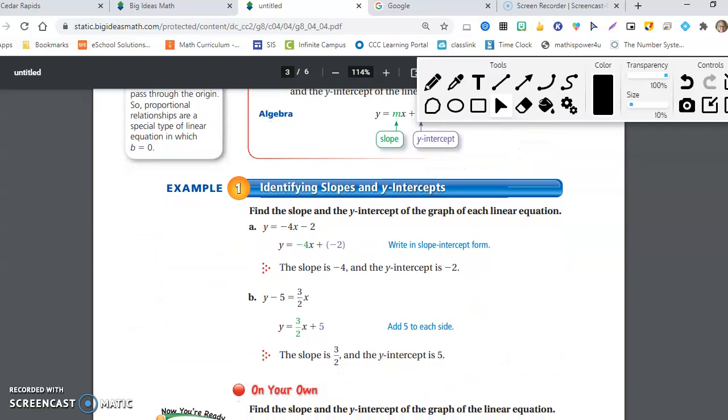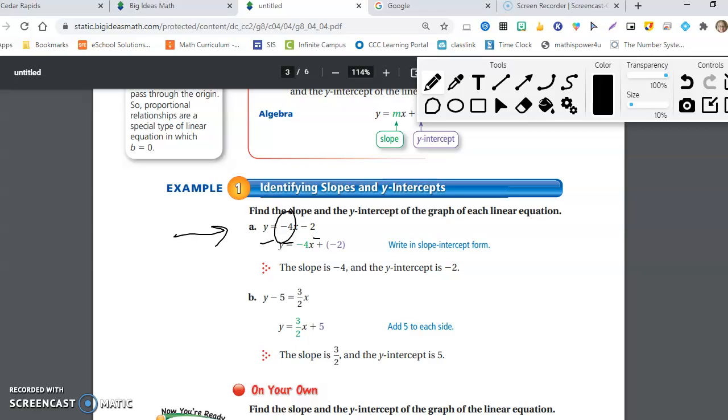So number one, identify slopes and y-intercepts. When you're looking at an equation, like letter A right here, as long as it's written in slope-intercept form, y equals mx plus b, or you have a minus there, it can be plus or minus, then you can just look at the number in front of your x.